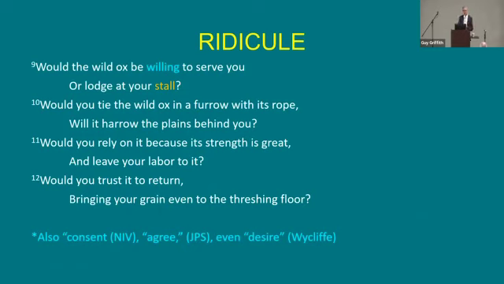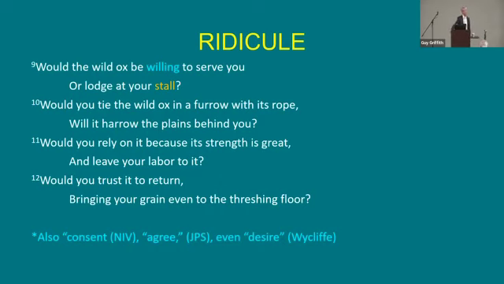To domesticate wild oxen, they had to castrate them. After they castrated the oxen, they became tame. And here, would the wild ox be willing to serve you? The term "willing" there is "consent to serve you," as the NIV has it. Would it agree to serve you? The Jewish translation has it: would it desire to serve you?